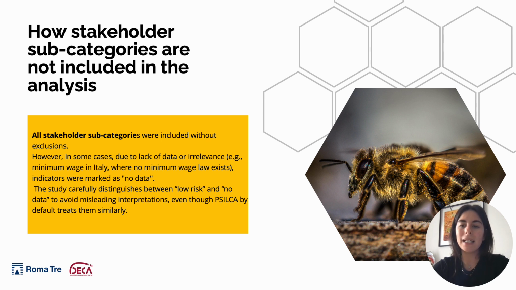In PSLCA, indicators with no available data are assigned the same impact factor as low risk, which can be misleading if not properly addressed. The authors were careful to acknowledge this limitation and interpret the results with appropriate caution. Still, these highlight a general challenge in social life cycle assessment, the need for greater specificity and granularity, especially when analyzing complex or context-sensitive systems.